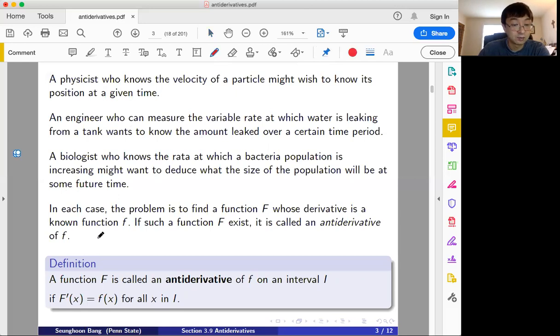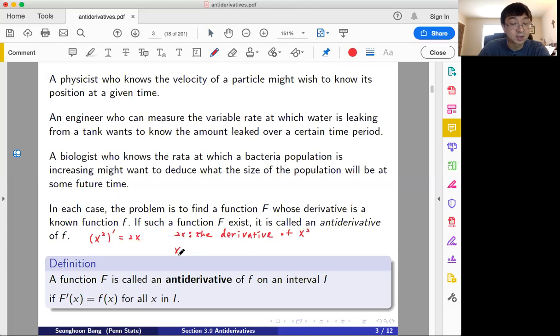I'm going to give one example. We know x squared prime is 2x. So we call 2x the derivative of x squared.